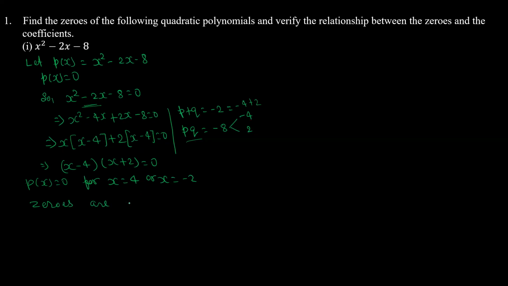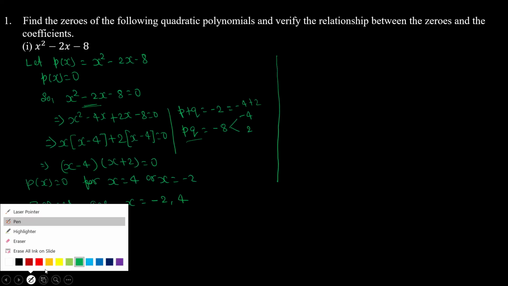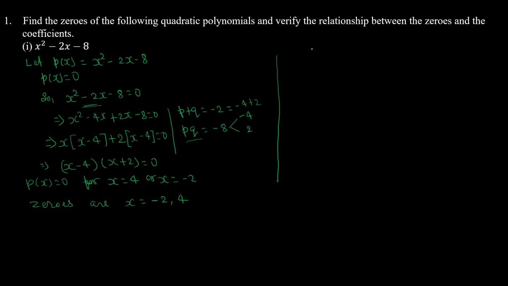Zeros are x equal to, we can write in ascending order, means minus 2 and 4. अब क्या पूछता है? Now we got the zeros. Okay, next verify the relation between the zeros and the coefficient. So उसको हम लोग क्या करेंगे? Verify करेंगे. That is the second part of this.